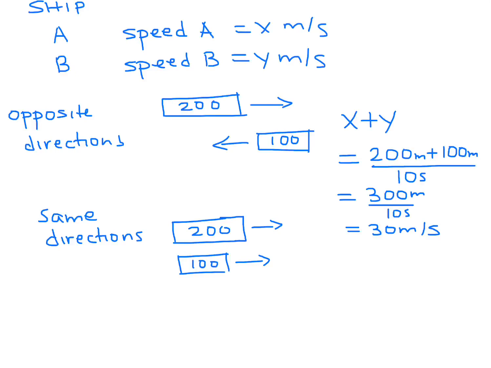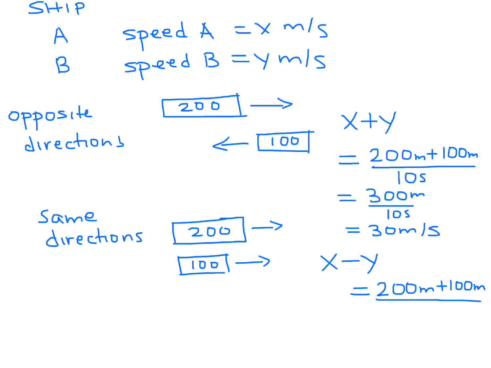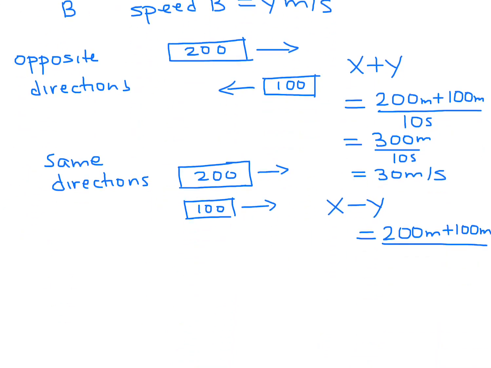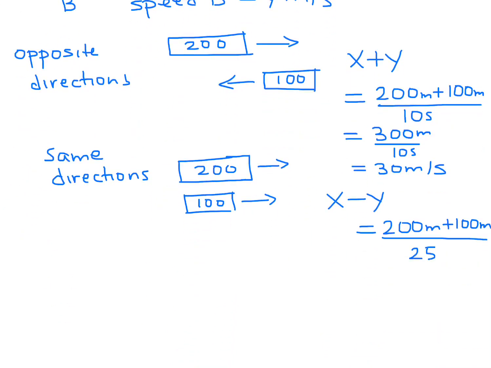In this case, because they're in the same direction, you'd have to subtract their speeds, and that would equal the length of the first ship plus the length of the second ship over the time it takes for them to completely pass each other, which is 25 seconds. So this becomes 300 meters over 25 seconds, which is 12 meters per second.